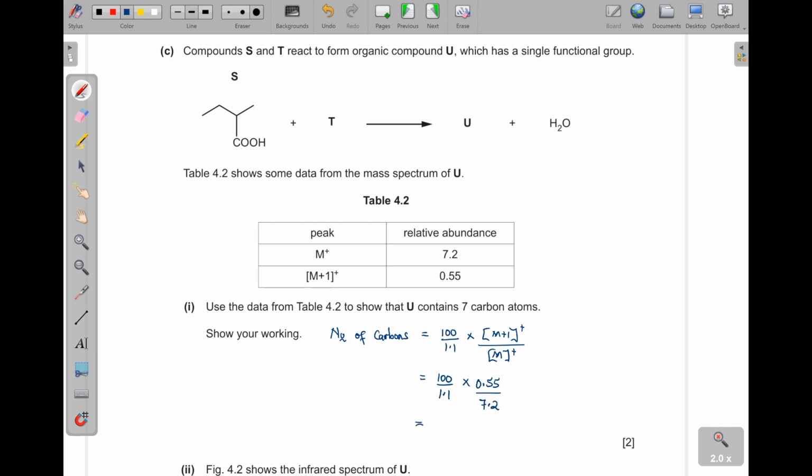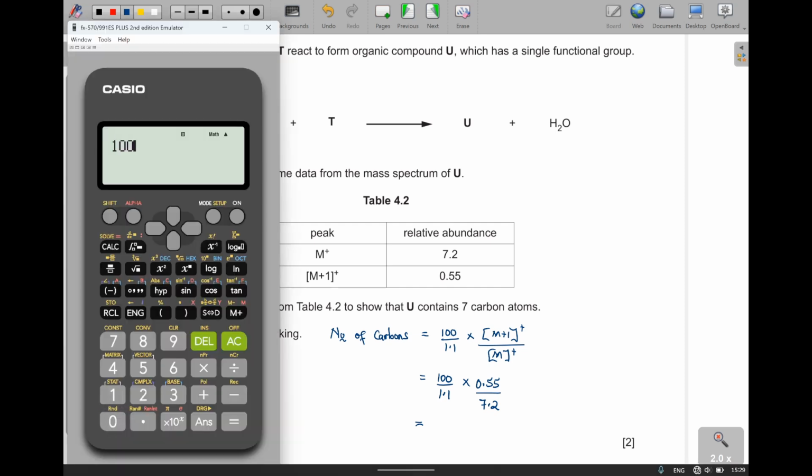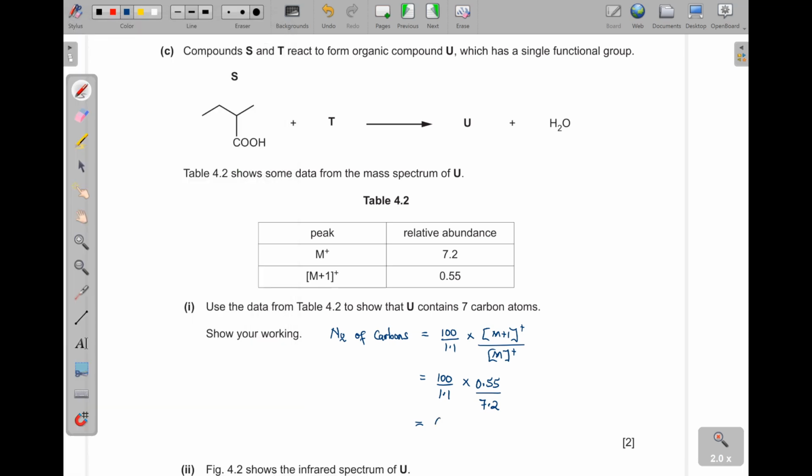When we put this in the calculator, what do we get? 100 out of 1.1 times 0.55 out of 7.2. That gives us 6.9444 recurring, which is approximately what? 7. As simple as that.